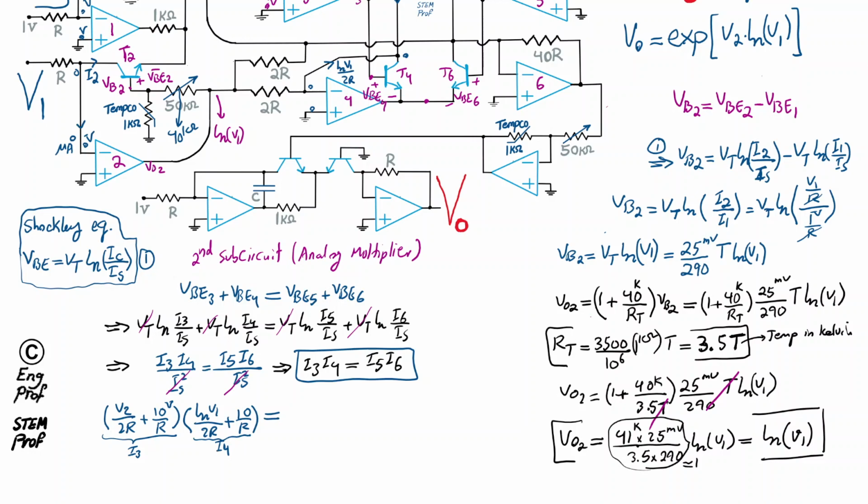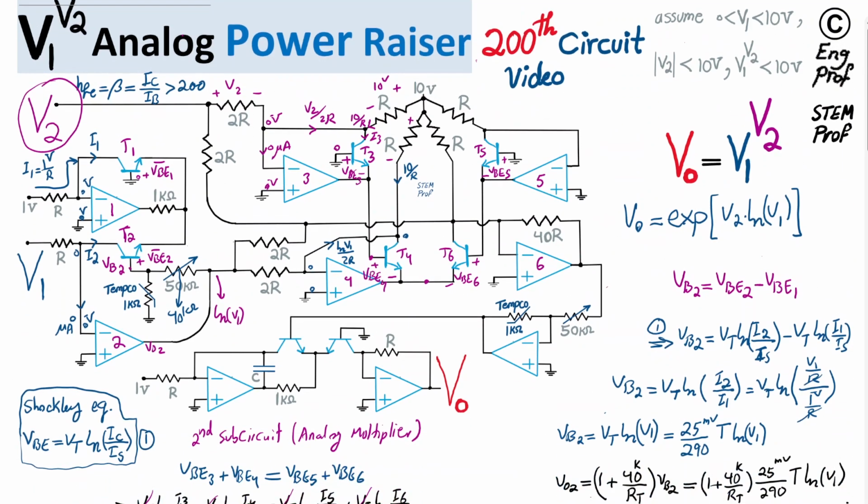Now the next part is I5. What is I5? I5 is actually the simplest one here, the collector current, because again this op-amp 5 is properly biased with negative feedback, and the virtual short is valid. We have 0 volt for the positive terminal, and the virtual short enforces virtual ground at the negative, which means here we have 0 as well. No current flows this way into the input of the op-amp.